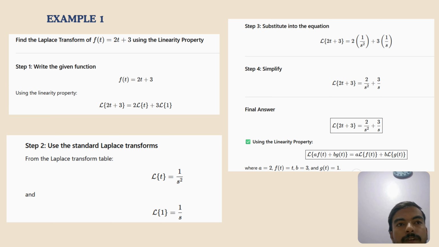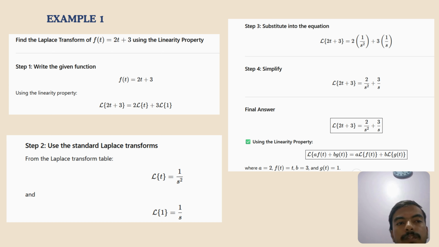As we can know, the function is f(t) equals 2t plus 3, and for using linear property, we must put a Laplace in front of the question. As we can see, Laplace of 2t plus 3 equals 2 Laplace of t plus 3 Laplace of 1. If it doesn't have anything, we must put 1 there.